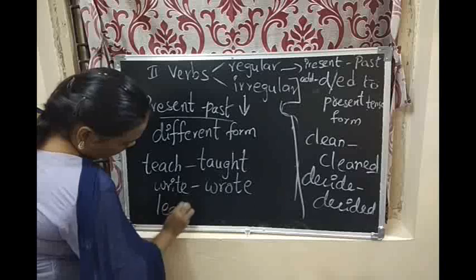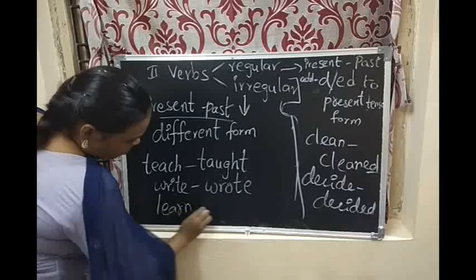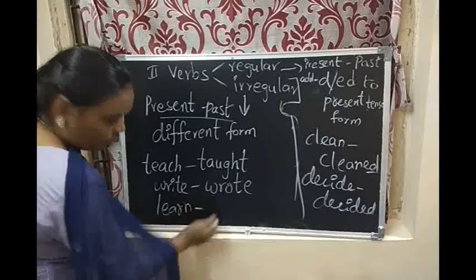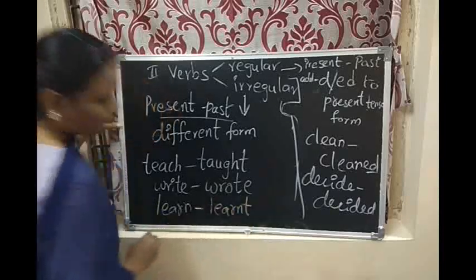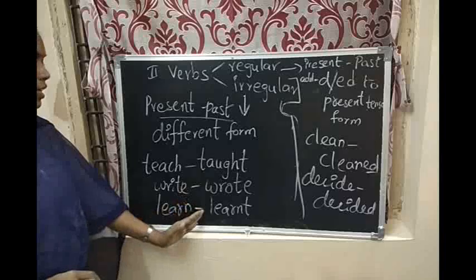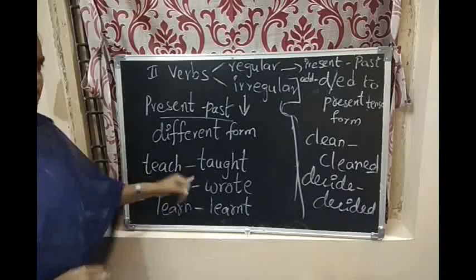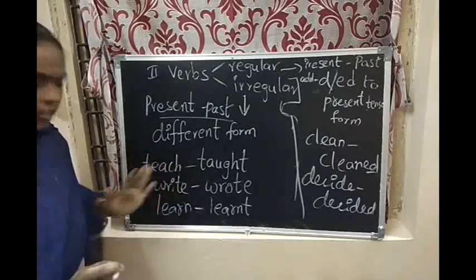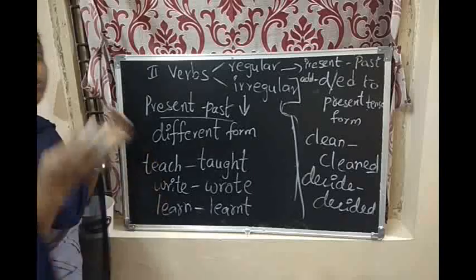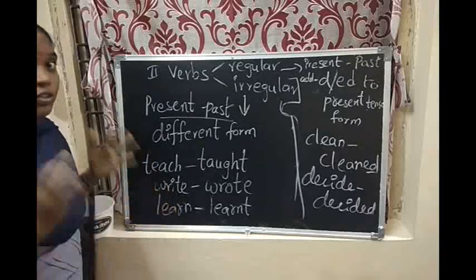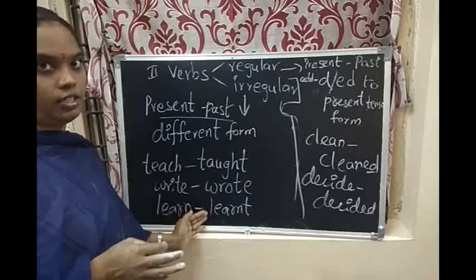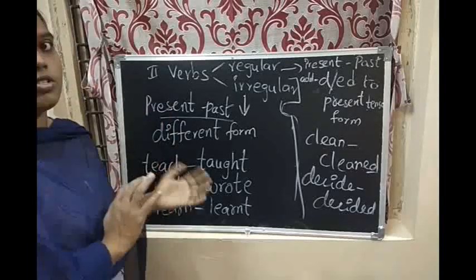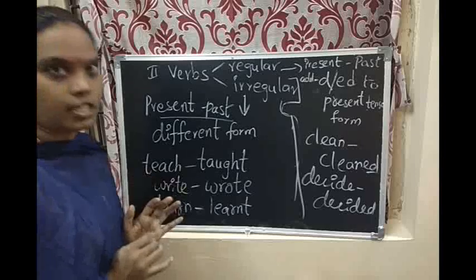Learn, so learned. These are all different forms. Teach means teacher, not there; write, writer, not there. Those are not used in English, so don't use those types of words. So taught, wrote and learned are irregular verbs. Is it clear to you?